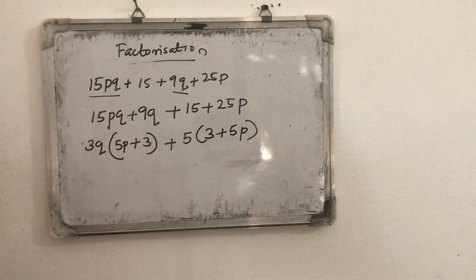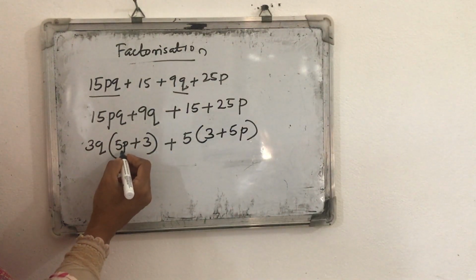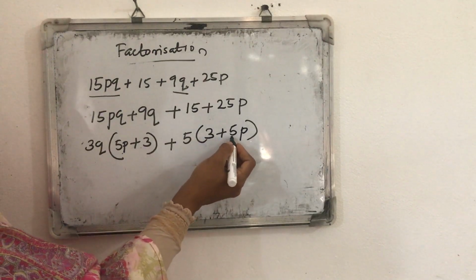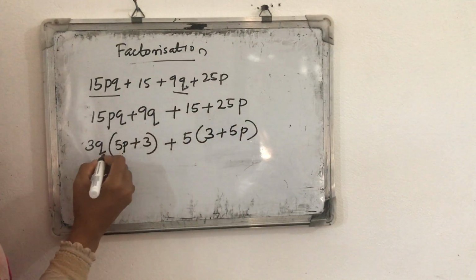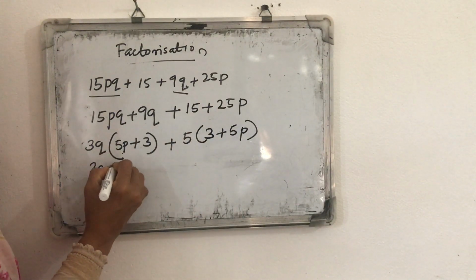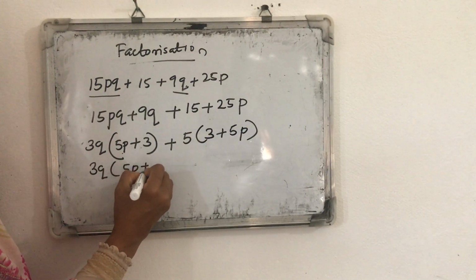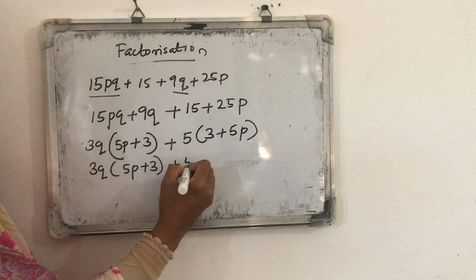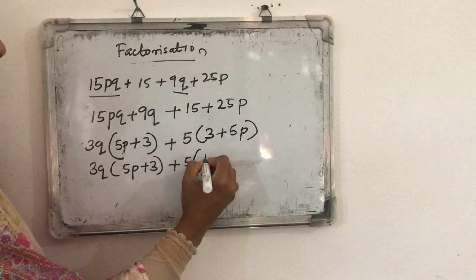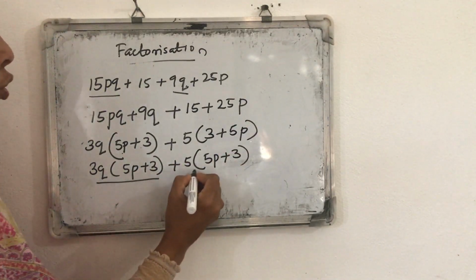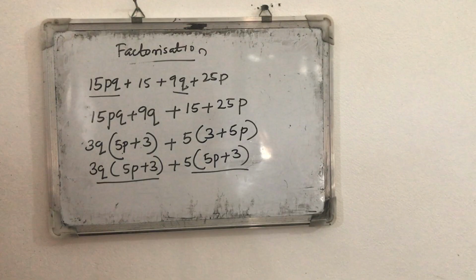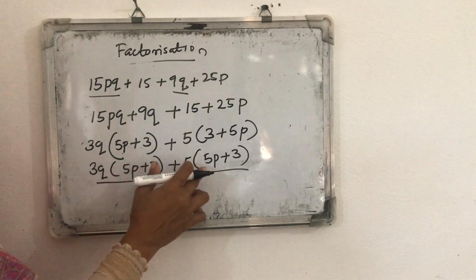Now look at these two terms. This is 5p plus 3. We can rearrange 3 plus 5p as 5p plus 3. So again 3q into 5p plus 3 plus 5 into 5p plus 3. Now we got two terms, and in both terms 5p plus 3 is common.